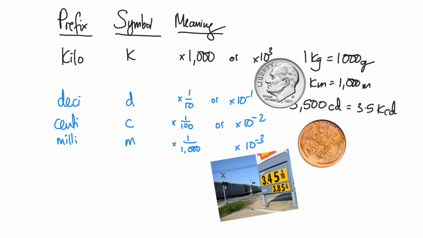Banks are required to keep track of your money down to a thousandth of a dollar. And of course, if you have 10 gallons of gas, this gas is going to cost you $34.59. But if you have 1 gallon, it would be $3.45 and 9/10ths of a cent, or 9 mils. So we don't issue the coin because the coin would probably be worth more than a thousandth of a dollar. But it's called a mil anyway after this prefix milli.